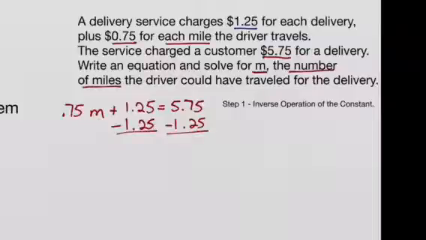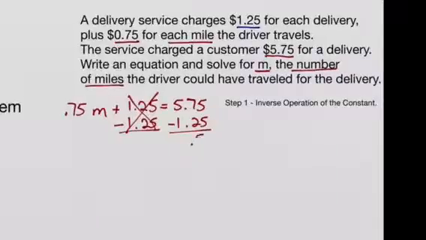When I subtract $1.25 from $1.25, I get my zero pair. It is eliminated. Now, when I subtract $1.25 from $5.75, I end up with $4.50. So now, before I start the next step, what I need to do is bring down the coefficient and the variable.